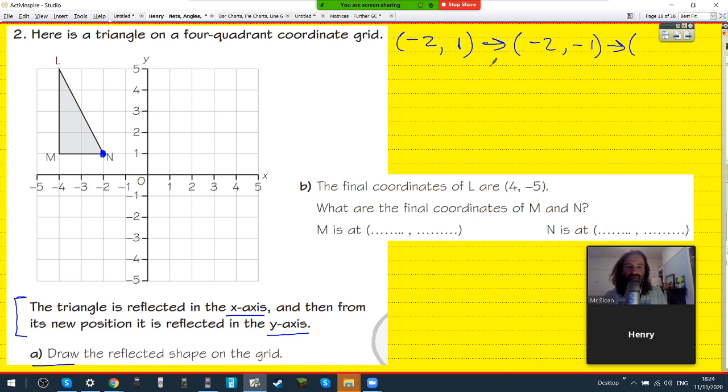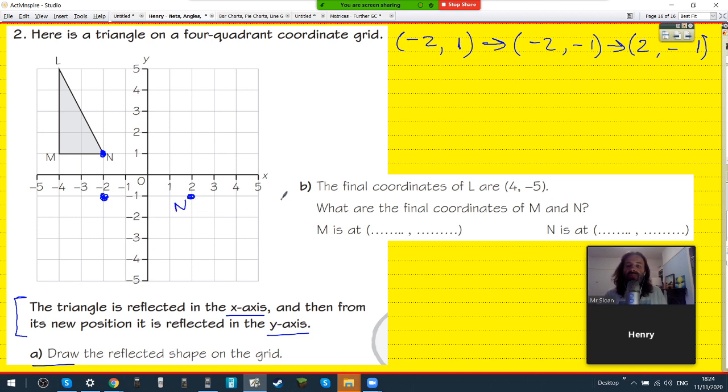And then in the y-axis, it's 2 and 1. 2 and minus 1. Yeah. So first it reflects to here, and then second it reflects to here. And so that is the point N.